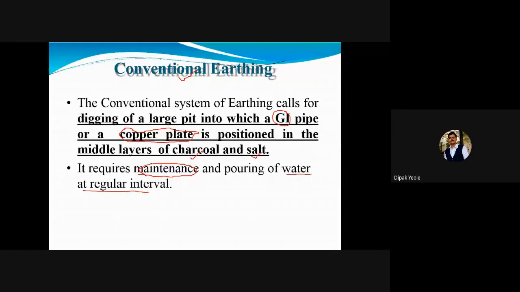So you can imagine, I have the diagram, yes. You can see over here, this is the earth, this is the level of earth. In the earth, we have to dig one space. In that space, we have to use the copper plate or the GI pipe or GI wire. Yes. And we have to use the layers.